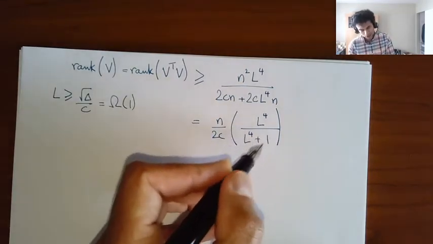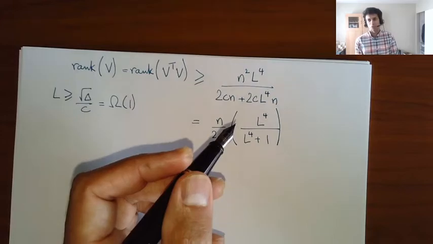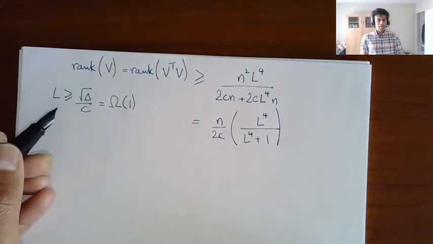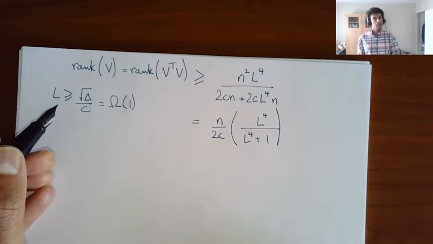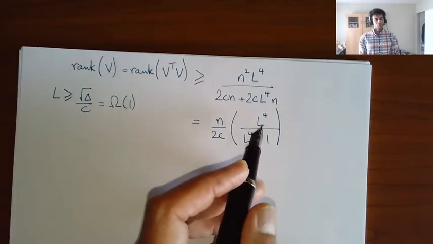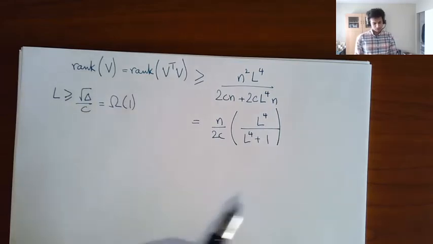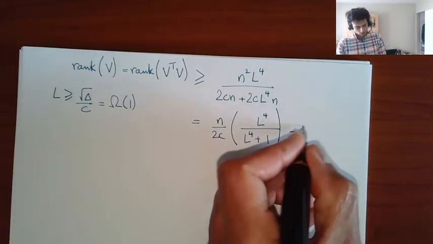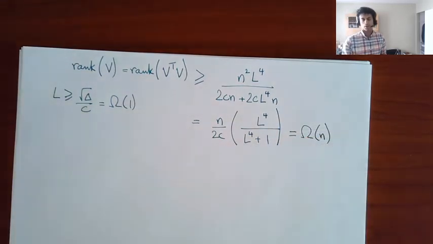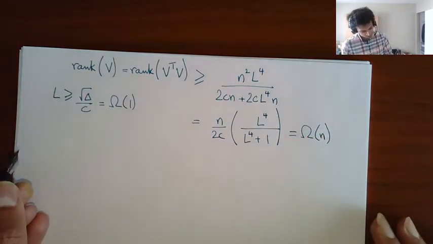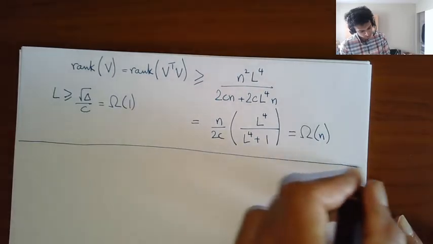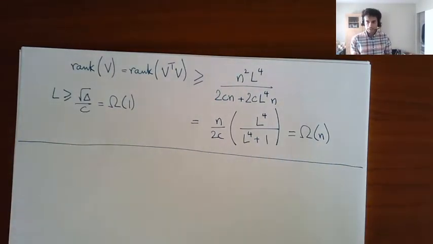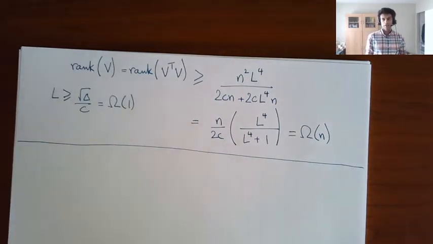And therefore you can show that this is also at least a constant. It's just some calculus. So L is at least root delta divided by C. So what you get is obviously this is at least a constant, and treating delta and C as constants, you get omega n as the lower bound here. And that is the entire calculation when the vectors are non-negative and have the same length.